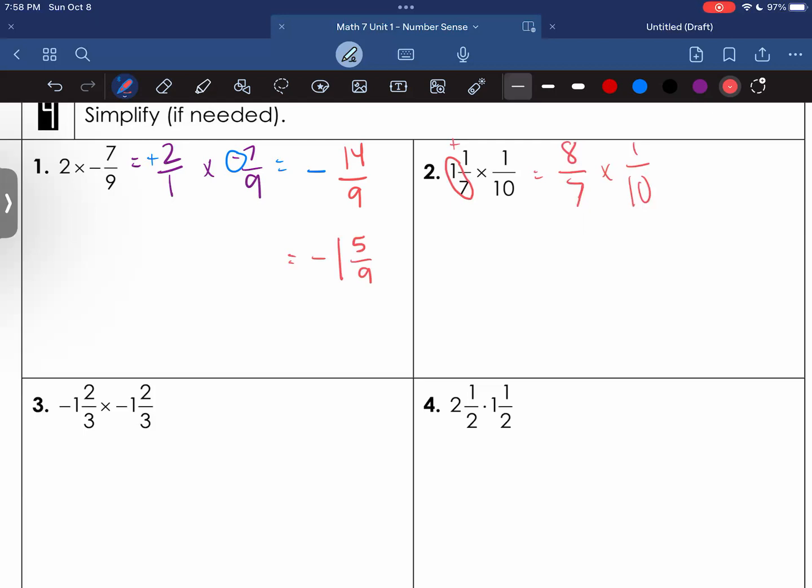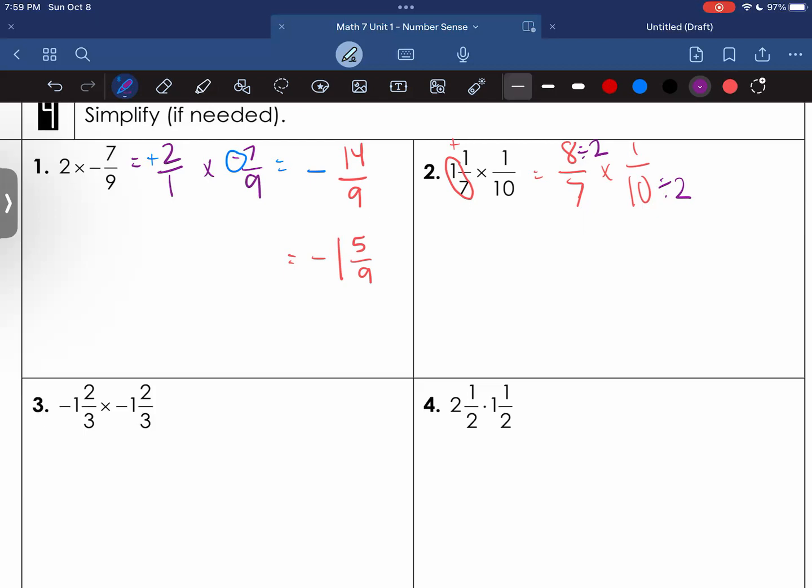So if on top I can divide this 8 by 2, I also have to do it somewhere on the bottom. But we know that 7 cannot be divided by 2 because it's an odd number. However, we can do 10 divided by 2. So I still have dividing by the 2 on top and bottom. It can be on the diagonal. That is okay. It does not have to be on the same fraction, only when multiplying and dividing fractions.